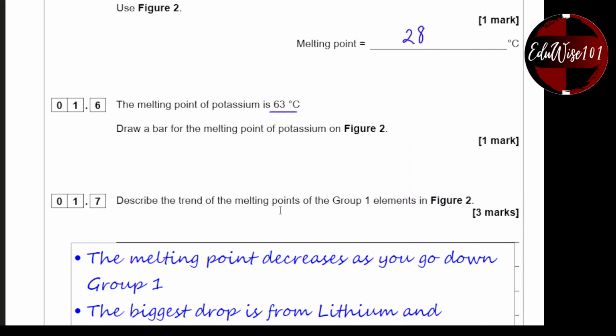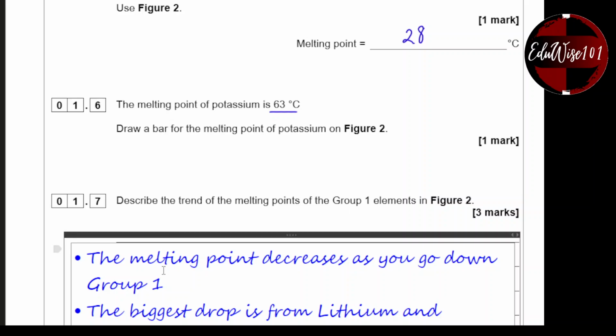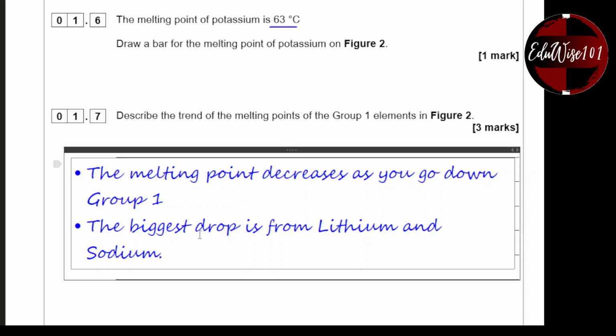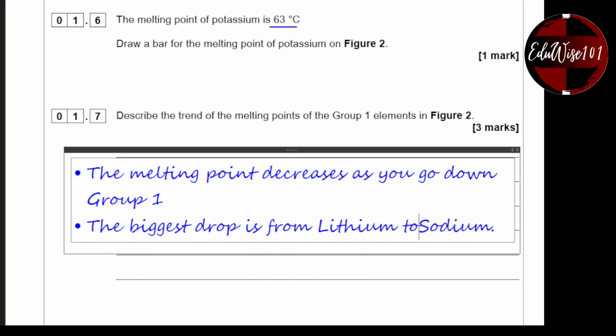Now, describe the trend of the melting points for the group 1 elements in figure 2. And I've shown the answer already here. The melting point decreases as you go down group 1, and the biggest drop is from lithium to sodium. So this first point will give you 2 marks, and this second bullet point is the 3rd mark here.